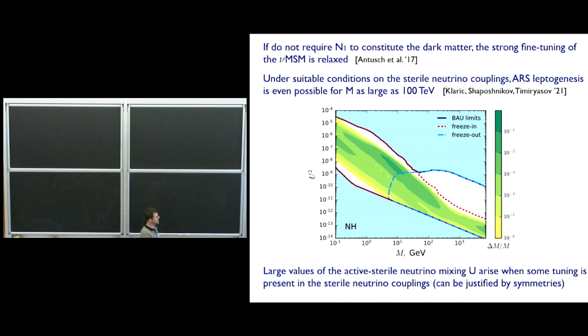So what you can see here, as a function of the sterile neutrino mass and the active-sterile mixing angle squared, is the region in green where low scale leptogenesis can work, and this color code indicates the level of degeneracy. So it could even work for a degeneracy that is not so strong, of the order of 10 to the minus 1 or 10 to the minus 2.